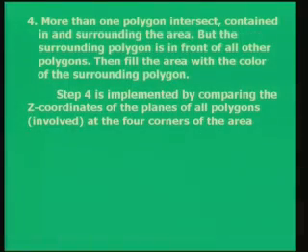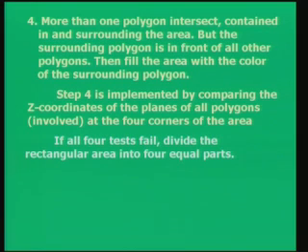Okay. Step 4 is implemented by comparing the z coordinates of the planes of the polygons involved at the 4 corners of the area, and if all these 4 tests are not true, then of course we need to subdivide. We will treat that later on, but let us see what we do. If all these 4 tests fail, divide the rectangular area into 4 equal parts, we know that.